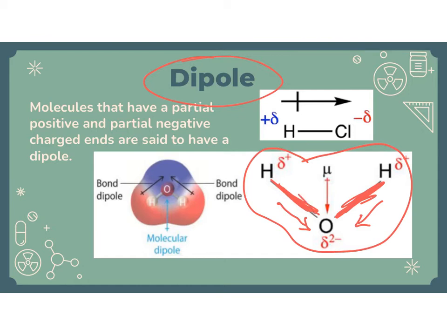That makes the whole molecule a dipole as well. So here's the whole molecule of water, and this side of it is plus, and this side of it is minus. So water is what we call a polar molecule. It has a plus and a minus end to it, and that gives rise to a lot of the properties that water has.